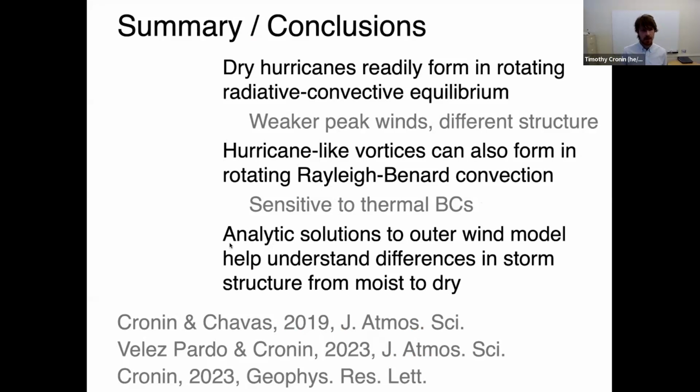The thing I didn't talk about was this GRL paper on the outer wind model, where analytic solutions to the outer wind model of Emanuel 2004, I think, really help us understand differences in storm structure as you go from the moist to dry limit, and why vortexes can look different in the moist case, but all collapse onto one structure in the dry case.